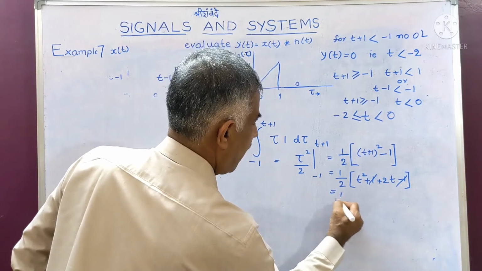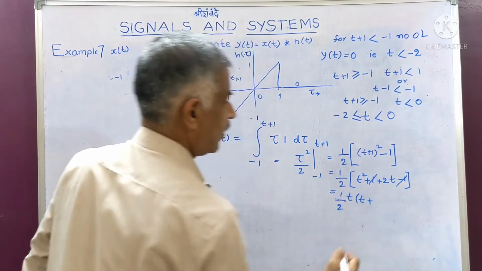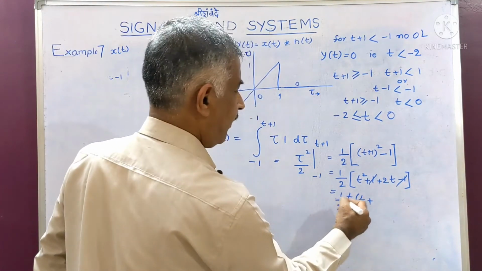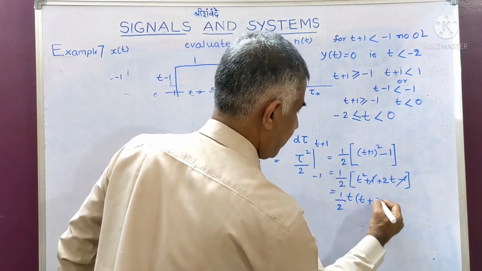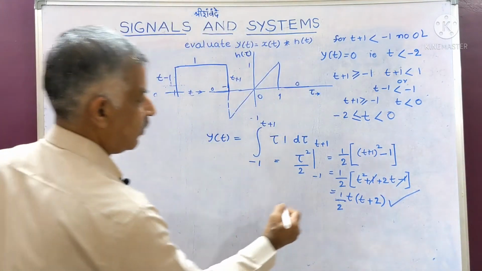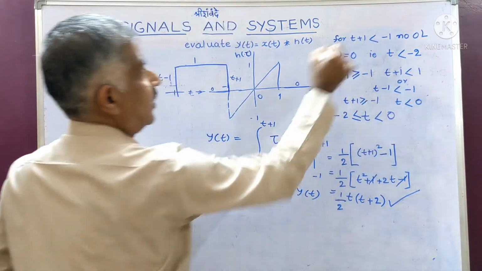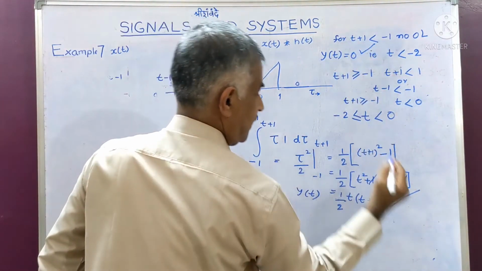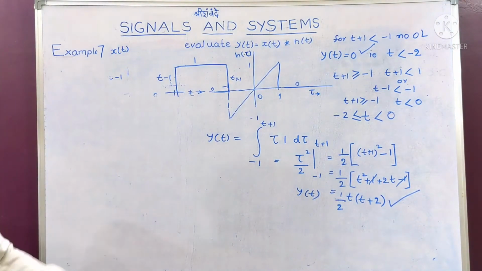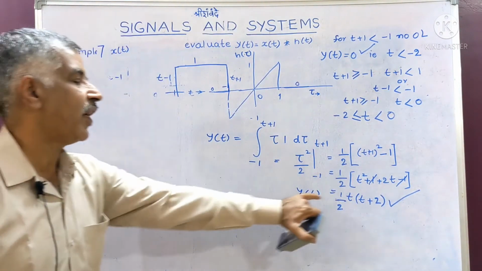Therefore, it is half t into t plus 2. This is one answer, so this is the first answer. This is the second answer, that is half of t. I am not going to sketch this because it will be difficult.